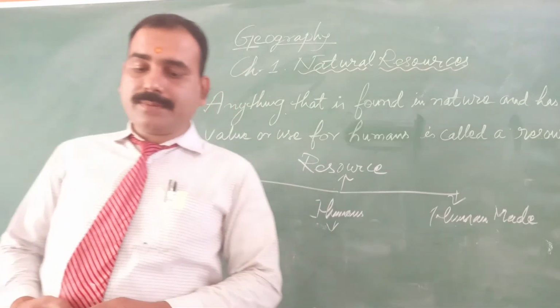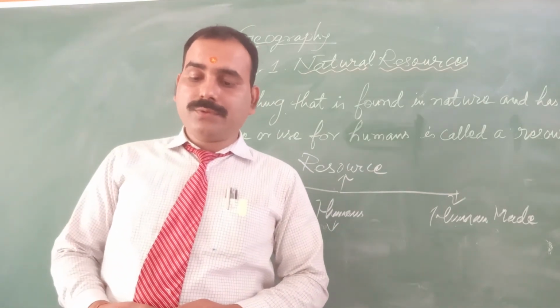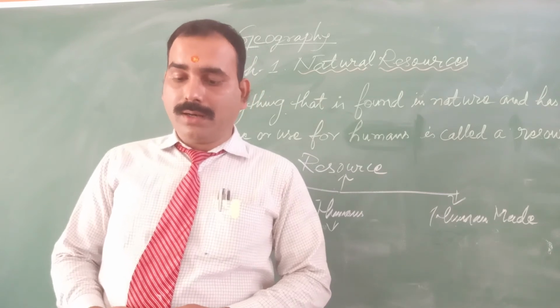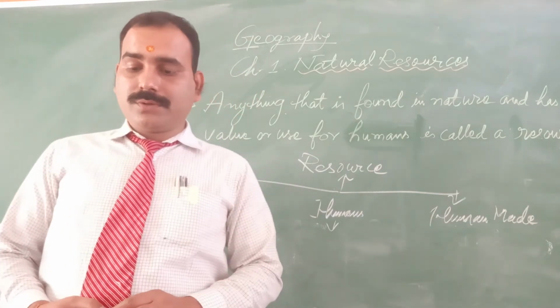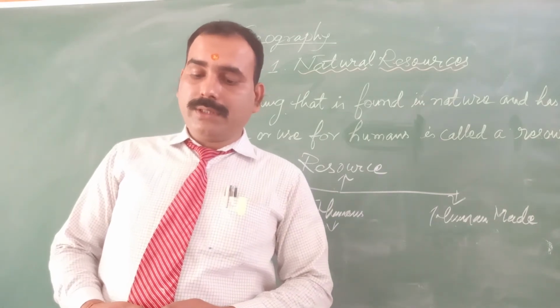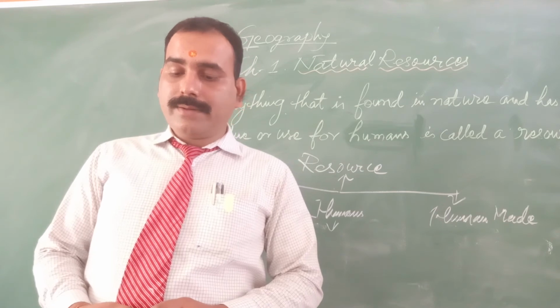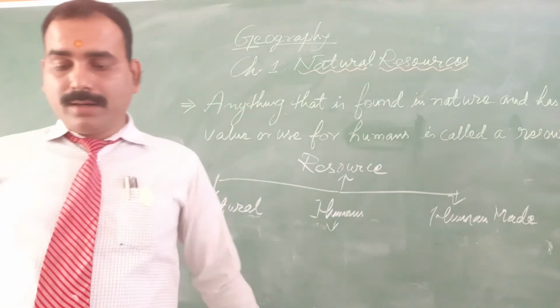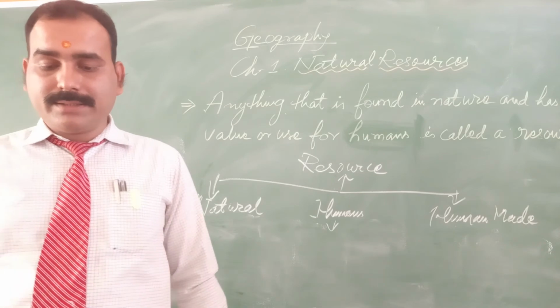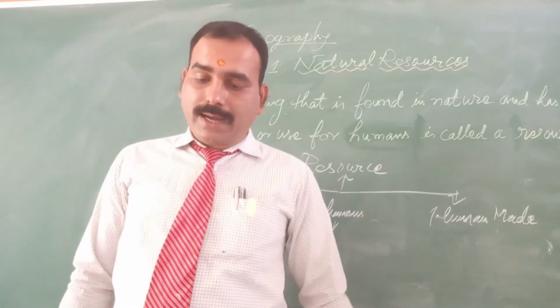And natural resources become a worthwhile resource only when humans have use for them. For example, mineral oil becomes a useful resource only when it is extracted and converted to petroleum jelly or turpentine oil.